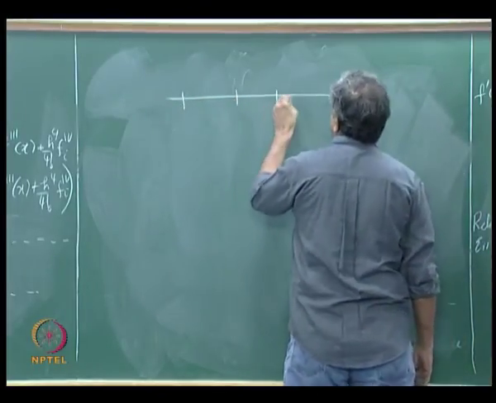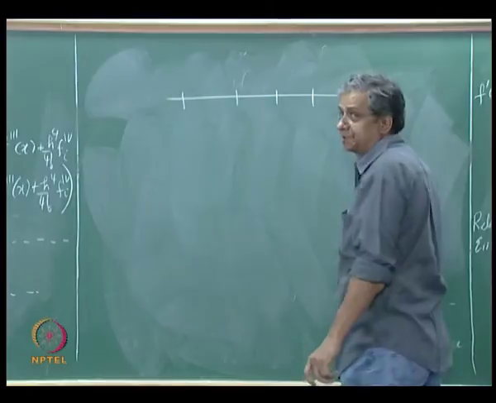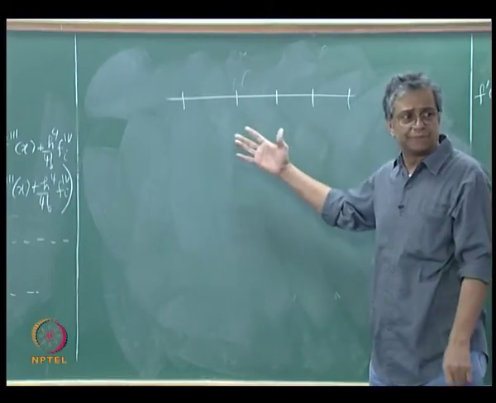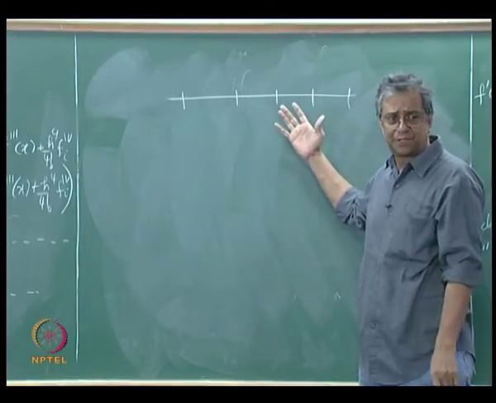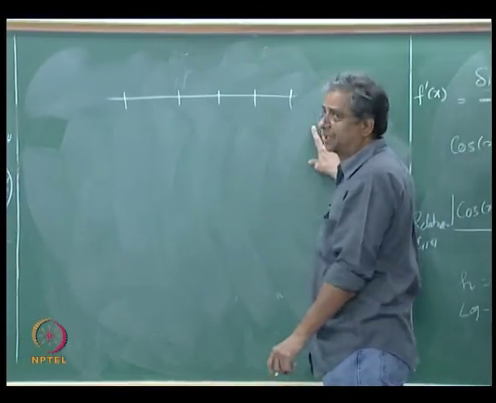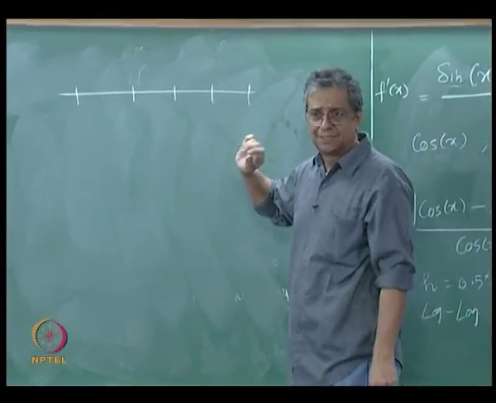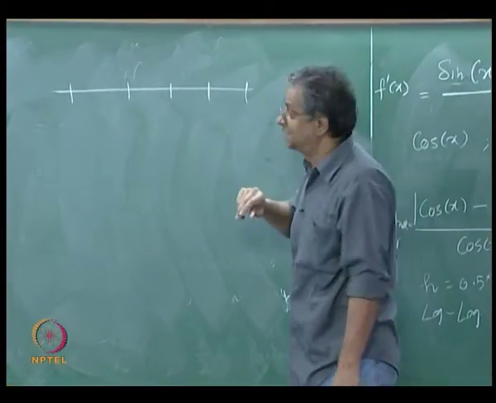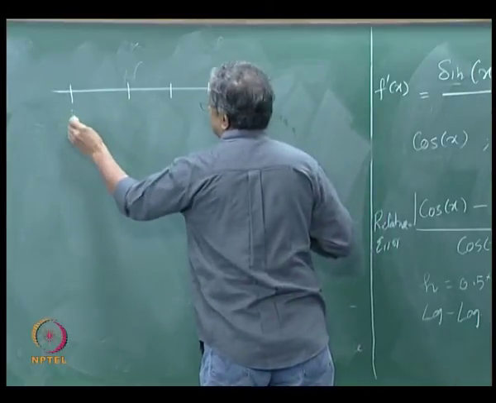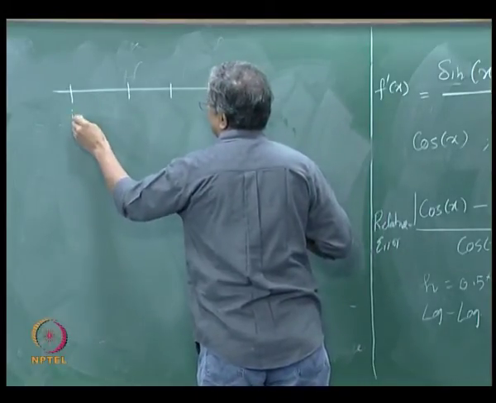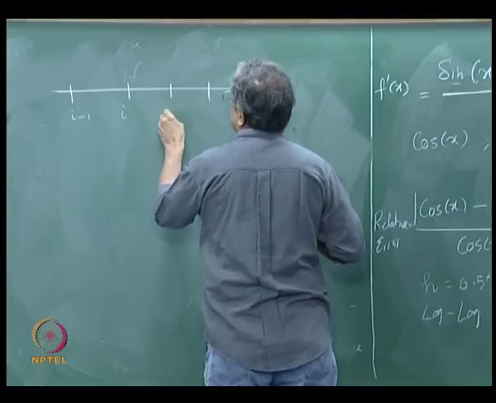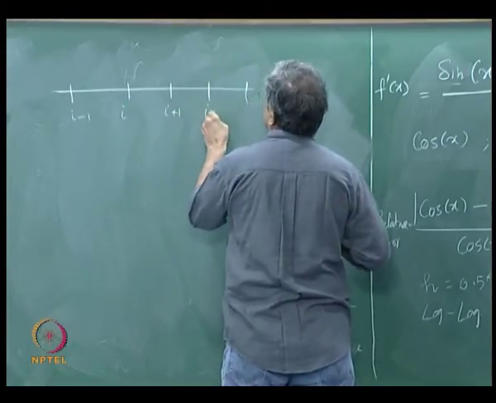What we are going to do is look at an equation in 2 dimensions. All my derivations so far are in 1D. I am going to look at the equations in 2D, but before I finish I just want to emphasize some terms that I am using. So these are i minus 1, i plus 1, i plus 2 and so on.